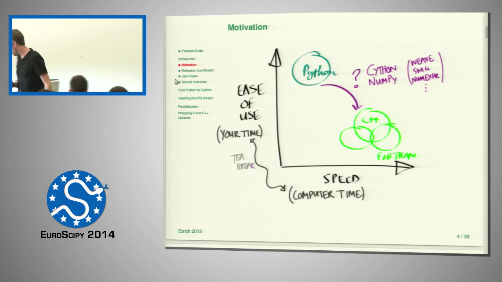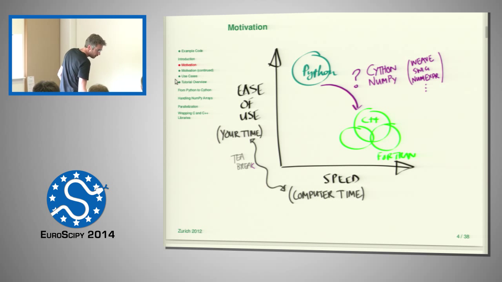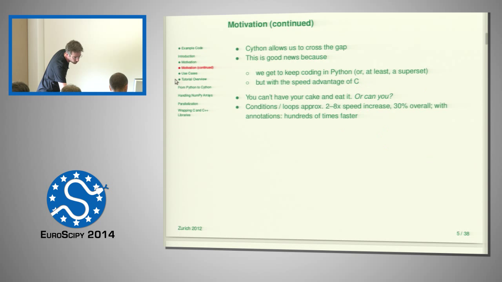All right, so like I say here, Cython allows us to cross that gap that I was just talking about. It's great because we can keep coding in Python, which is a language that allows us to express ourselves naturally, it's close to what we're thinking, and it's almost writing down English. But you still have the speed advantage of C. Can you have both these worlds combined?